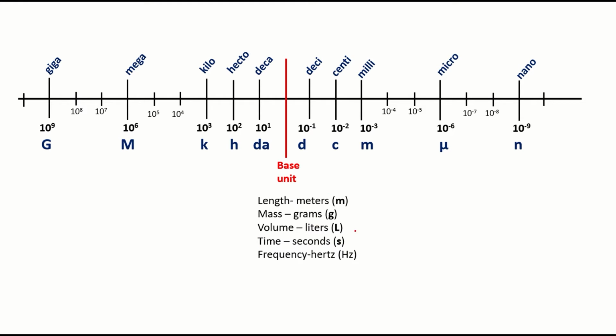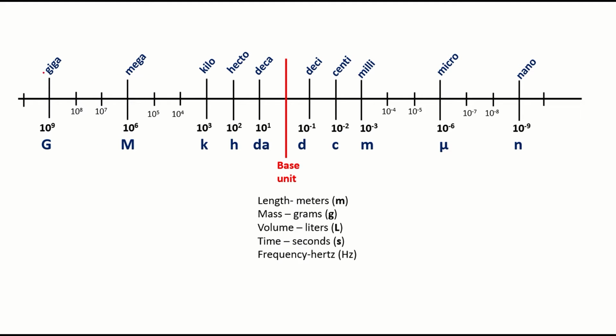So these four sets of base units are the most frequently used base units for your purposes, but if you really think about other types of base units like frequency or bits, they can also be considered as base units. Now these base units can be combined with any of the prefixes that are used in the metric system.